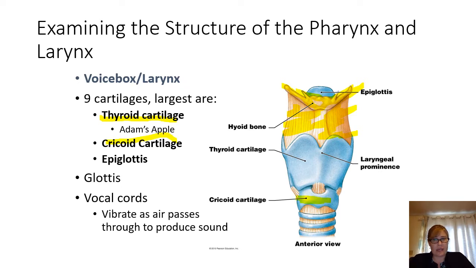So this guy is cricoid, this big one is thyroid, and the laryngeal prominence is the Adam's apple. That's what we would call it, the Adam's apple. So then this term glottis simply refers to the hole leading into the trachea.